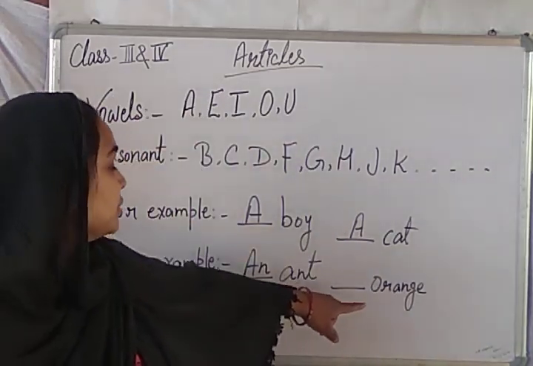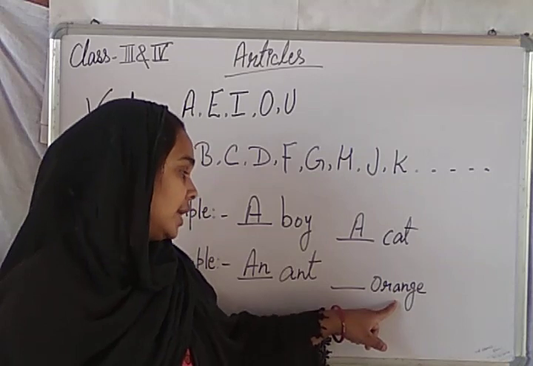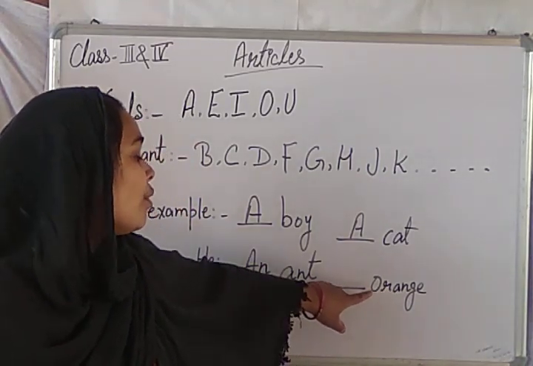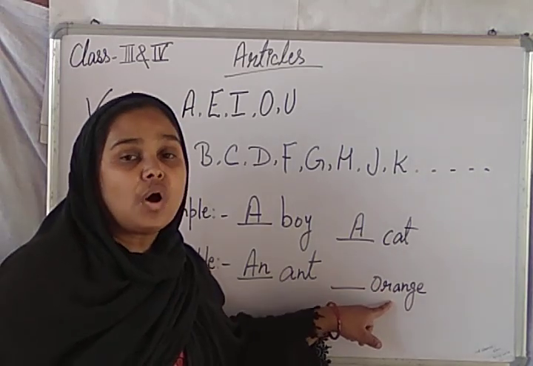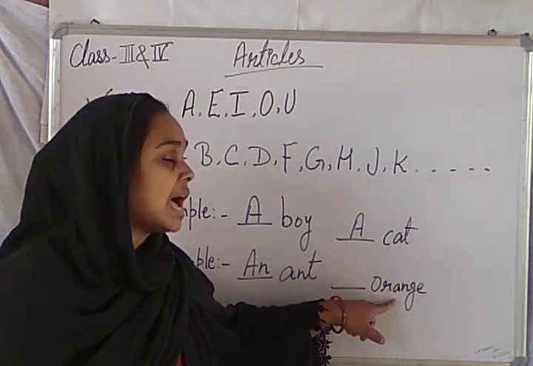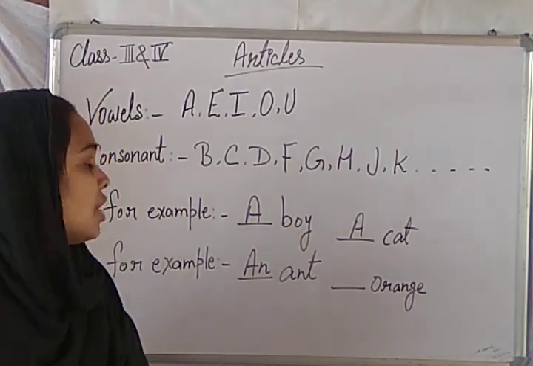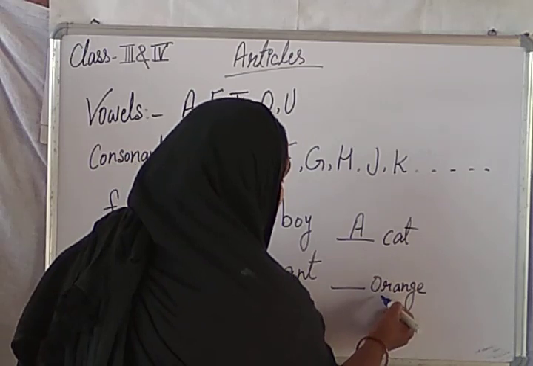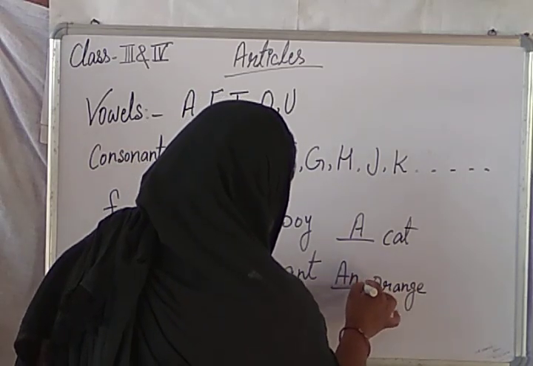Here we use an before orange because the first letter of orange is O, a vowel letter, and its sound is a vowel sound. So we use an before orange.